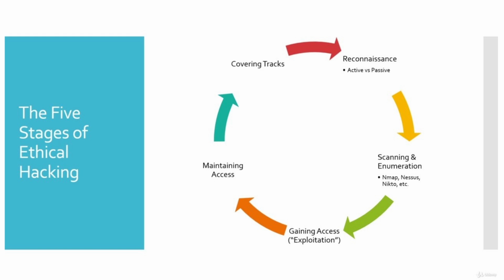Passive is like you are given a client. For example, for an organization, you are working as a security analyst or a pen tester. Then you will be given a client.